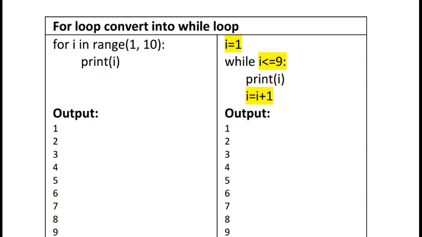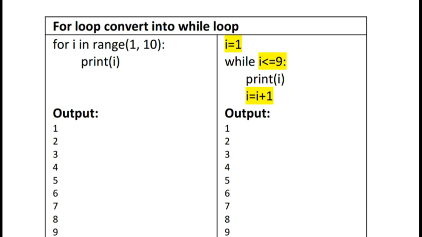Range is a function which will produce a list of numbers from 1 comma 10. 10 means always 1 less, so 1 2 3 4 5 6 7 8 and 9. The output of the range function is 1 2 3 4 5 6 7 8 9.